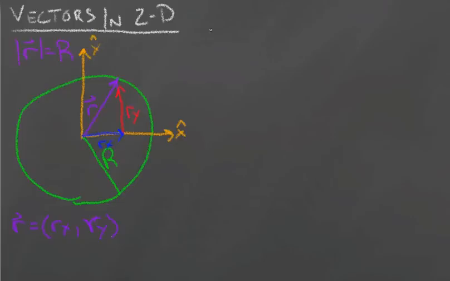So you may remember from trigonometry that the sine of theta is just the opposite over the hypotenuse, which in this case is ry divided by the magnitude of r. Or in other words, ry is equal to the magnitude of r sine theta.